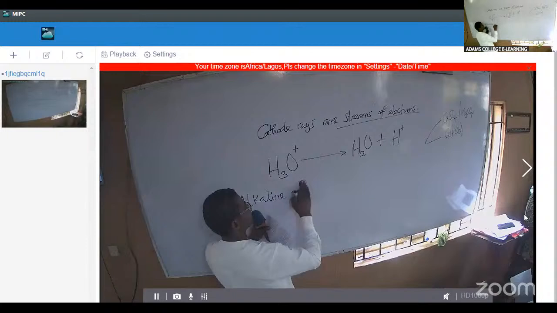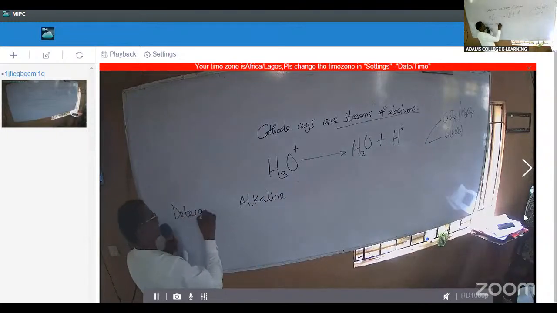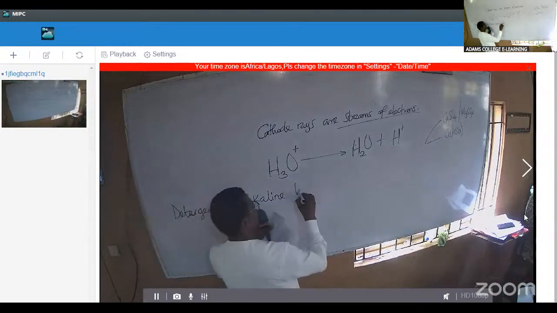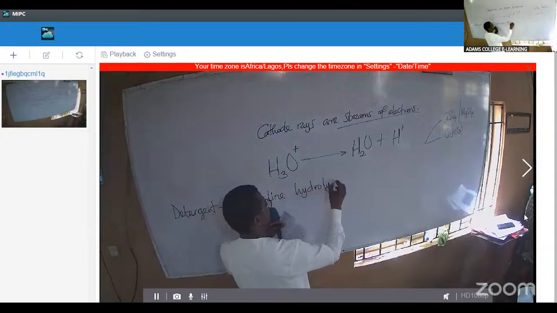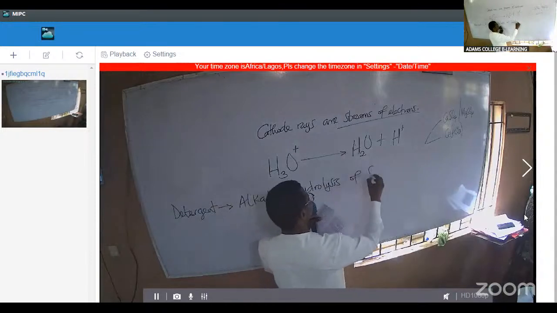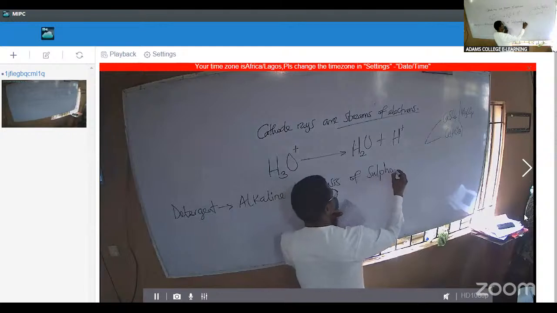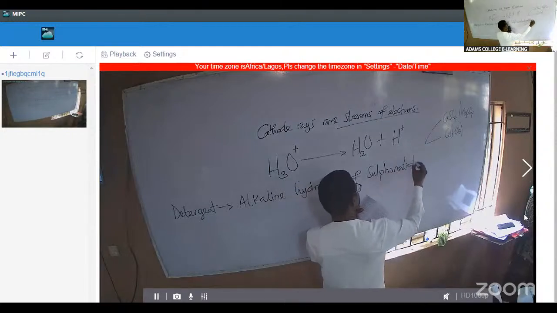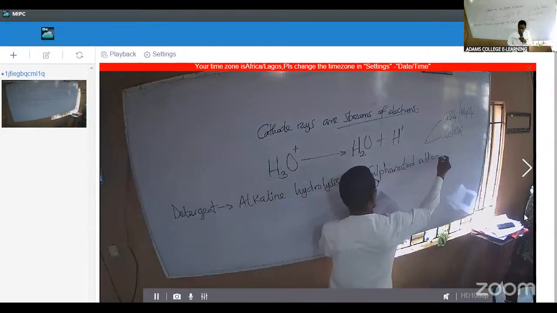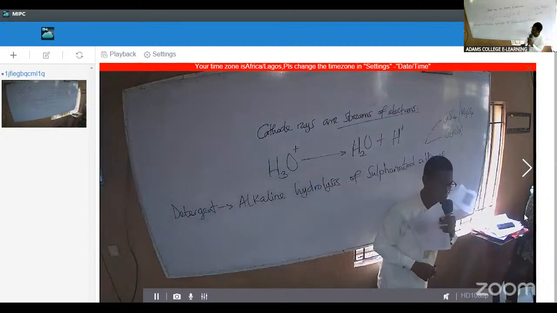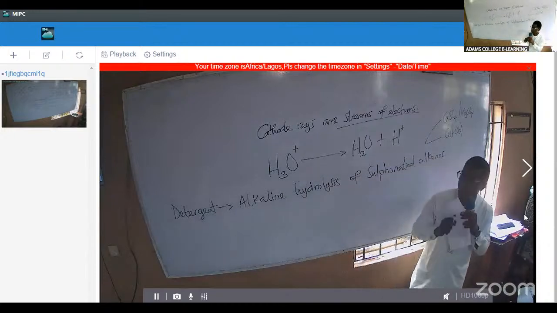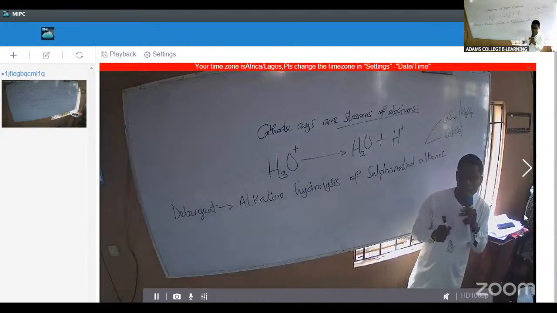Alkaline hydrolysis of sulfonated alkanes. That's how they are formed. Sulfonated alkanes.